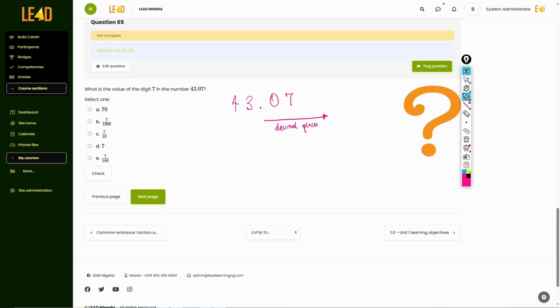If I read that out, we have tenth, and then we have hundredth. So it's 7 hundredths, which can be written as 0.07 or 7 over 100. So the answer is 7 out of 100, which is E.